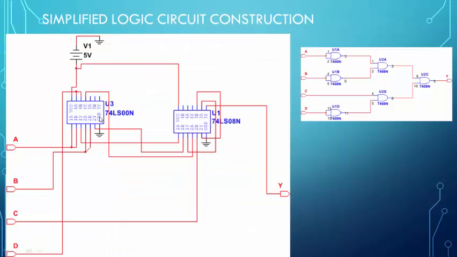So over here you can see this is a 7400, pin 1 and pin 2 shorted together and connected to input A. And also look at here, for example, this is pin number 6 of 7408. If you count 1, 2, 3, 4, 5, 6, it connects to 7408's pin number 10. So this one goes this way all the way to pin number 10. So pay attention to the pin connections and also be patient.